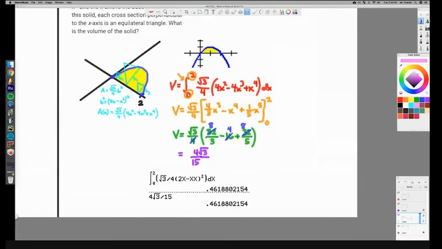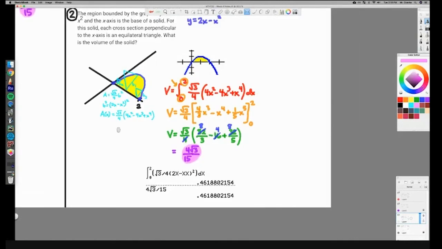And you can say with huge certainty that your answer is right. If it happens to match, very unlikely that you did something wrong, unless you set up the original problem wrong, but trust in your calculator is what I would say.